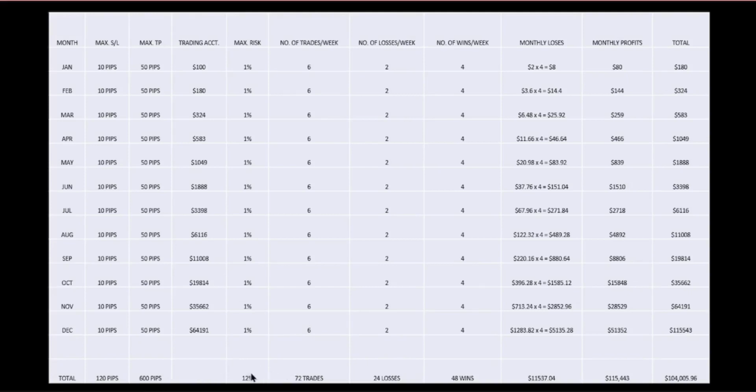And in that whole year, our maximum risk was 12% for the whole of the 12 months. We took 72 trades in the whole of that 12 months, and out of the 72 trades, we had 24 losses and 48 wins. Can you see that? All right.